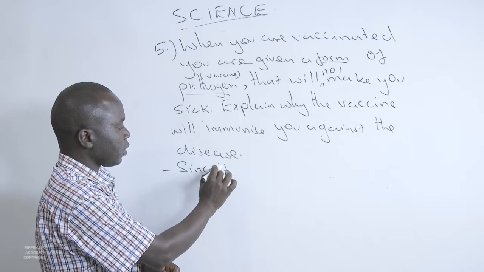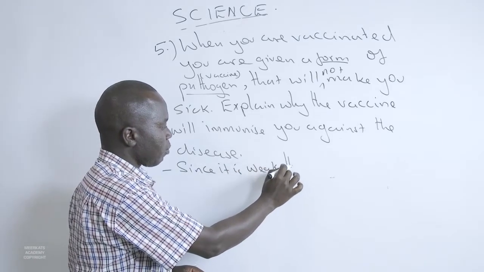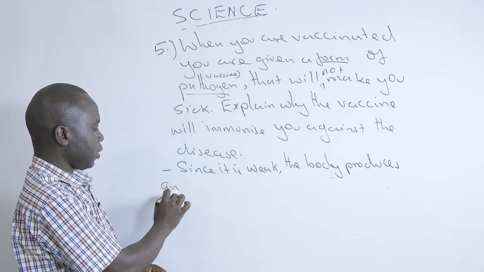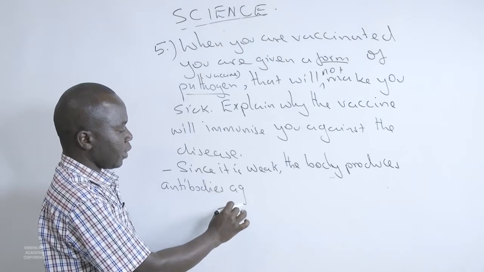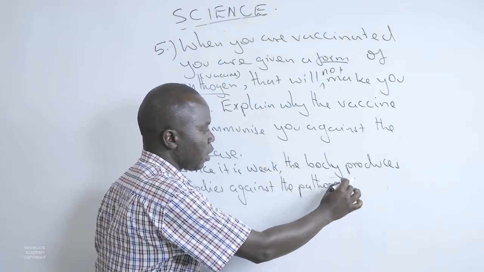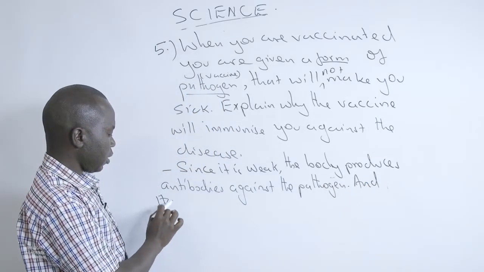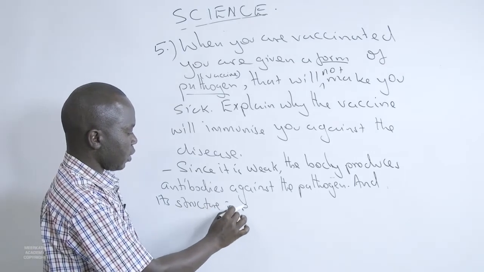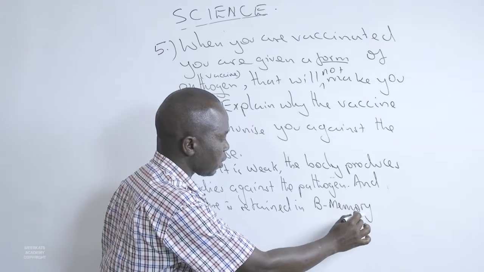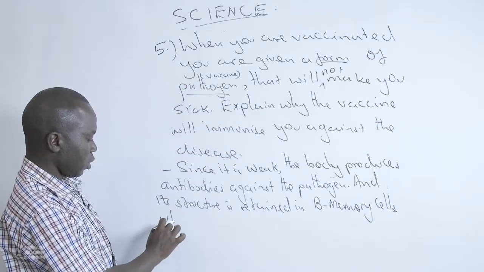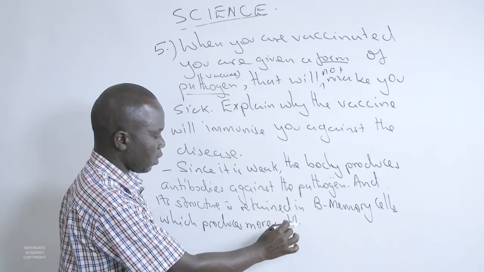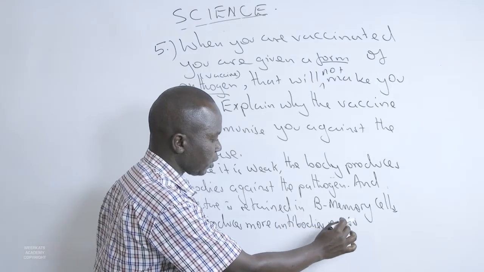So since it is weak, the body produces antibodies against the pathogen, and its structure is retained in B memory cells, which produce more antibodies on subsequent attacks.